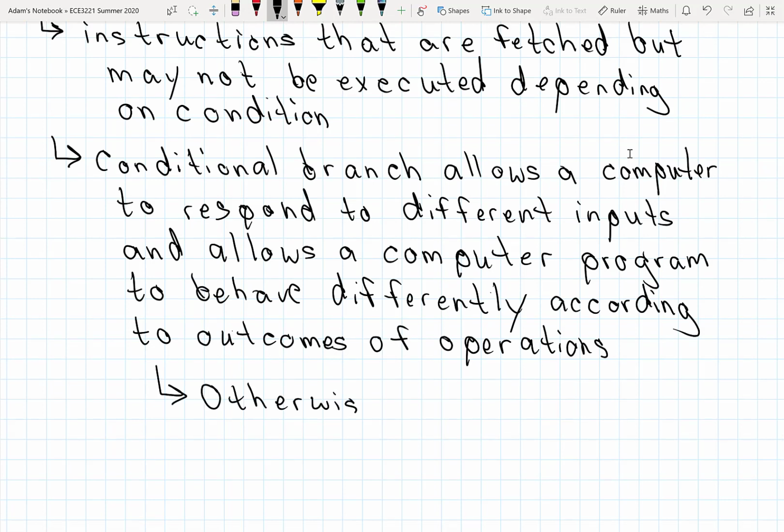Otherwise computers could only perform the exact same instructions in the same sequence every time without these conditional branches.